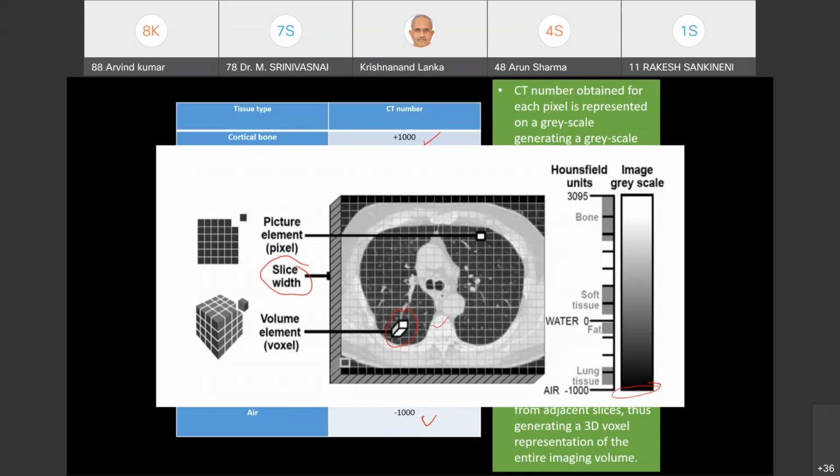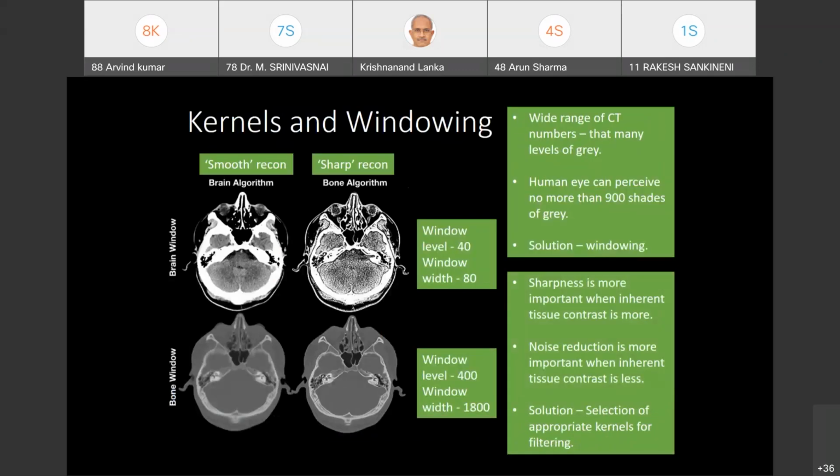calibrate an image. So if you take this example, what we see is you have a wide range of CT numbers, with many levels of gray. Say for example, if you take our computer screen, if it is an 8-bit plane, each pixel can afford to have around 256 shades of gray.